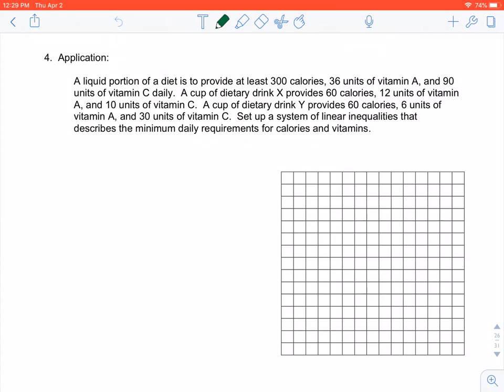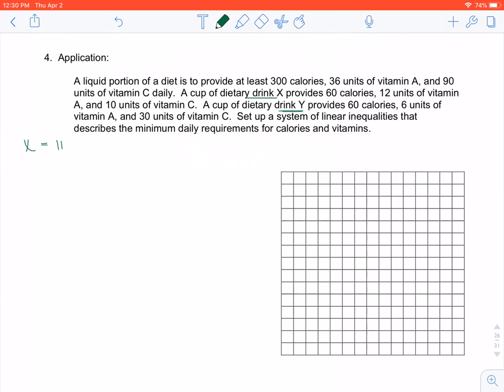It says we want to set up a system of linear inequalities that describes the minimum daily requirements for the calories and vitamins. So, anytime you read a word problem with a lot of numbers, read through it again a second time. So kind of just skim through the information a second time. We know we have two different drinks, drink X and drink Y. So I'm going to have two variables.